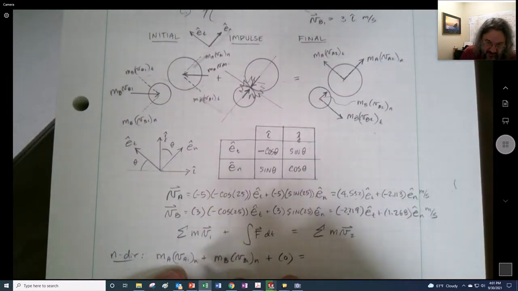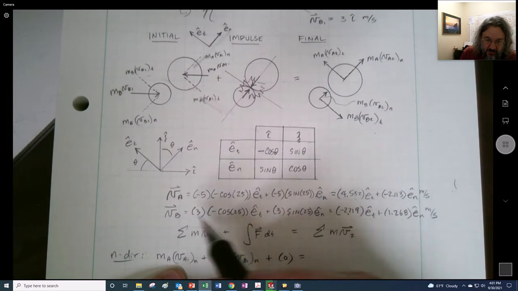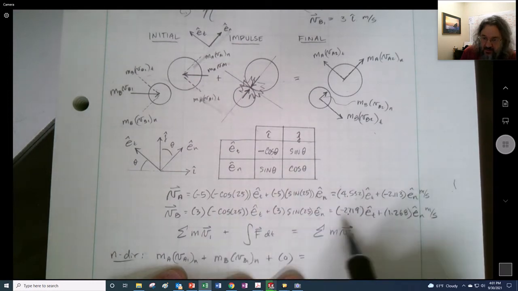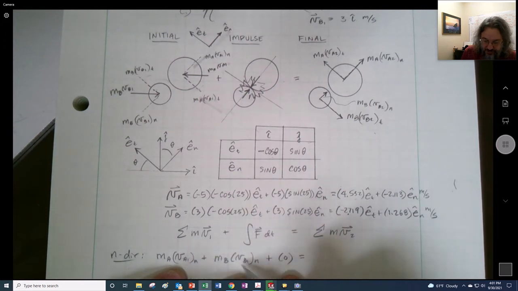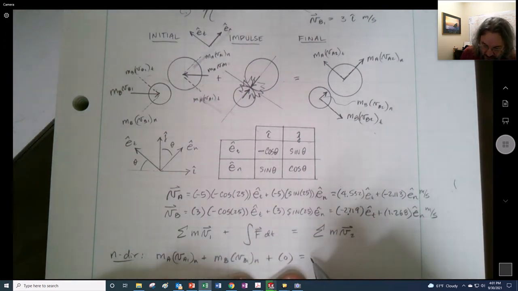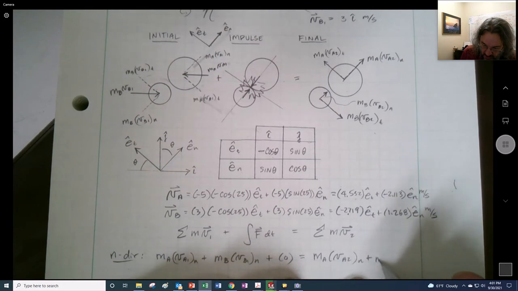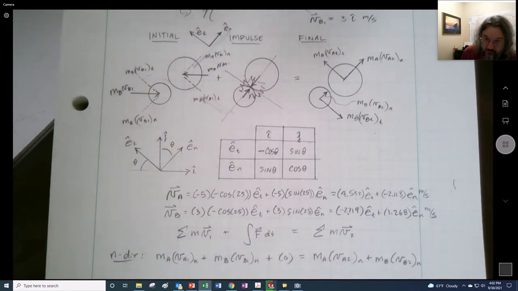Right now, I didn't make the sign convention here. I'm about to in a second. I'm going to take whatever I had in the normal direction, and that's what's going to be placed in there for the next step. But I'm just doing symbols right now. We're going to have MA VA2 normal plus MB VB2 normal.